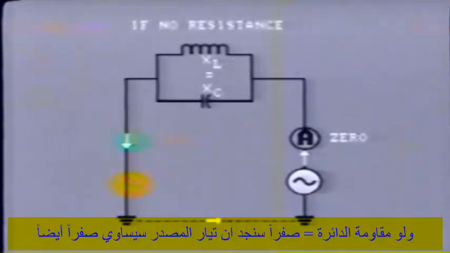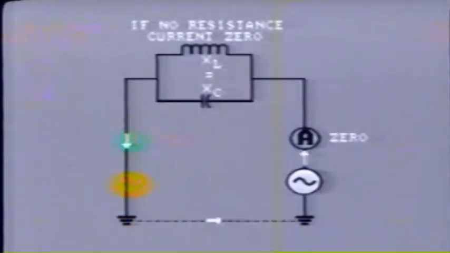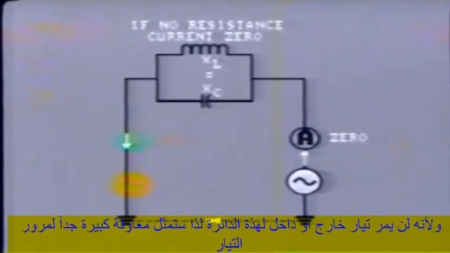If the circuit contained absolutely no resistance at all, the current supplied from the source would be zero. As no current flows in or out of this theoretical circuit, it provides an infinite impedance to the flow of current. In practice, resistance does always exist, but the circuit still provides a high impedance at the tuned frequency.